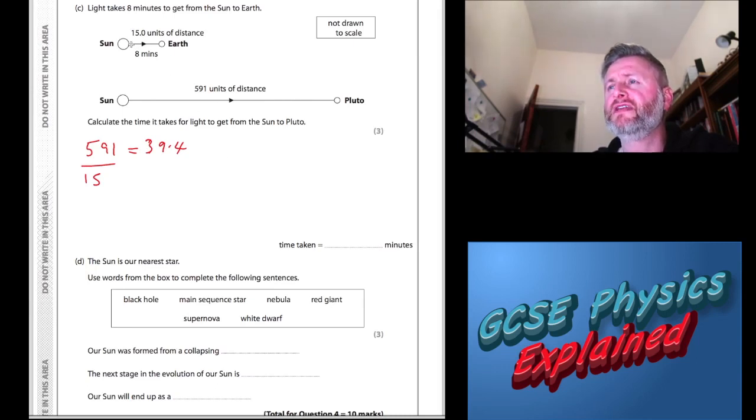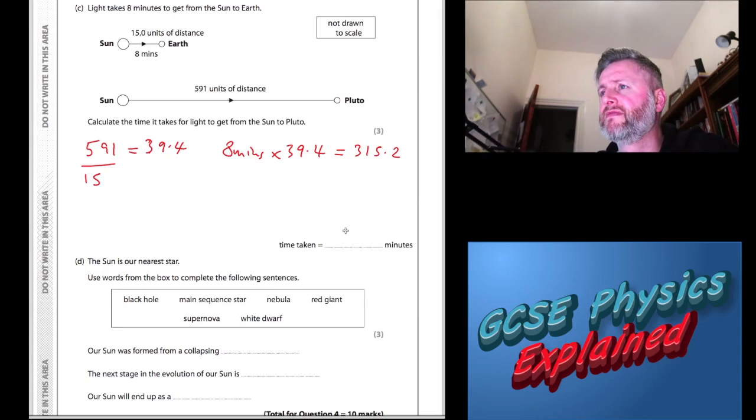So if it takes 8 minutes to travel 15 units, it's going to take 8 minutes times 39.4. It's going to take 39.4 times longer in time to travel 39.4 times longer in distance. So that's going to be 315.2. So 315 minutes.